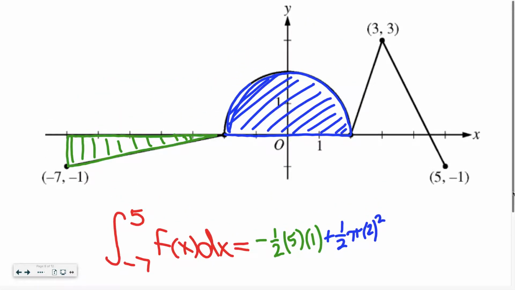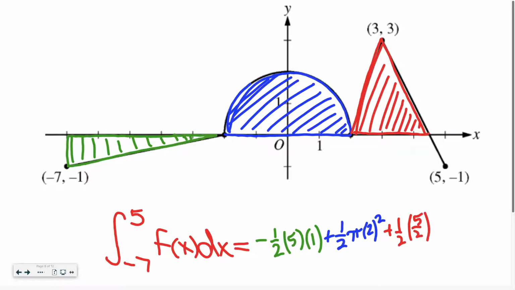Next. This is a triangle above the x-axis. So 1/2, we have a base of 5/2 and a height of 3.